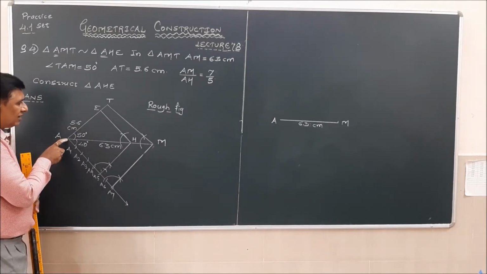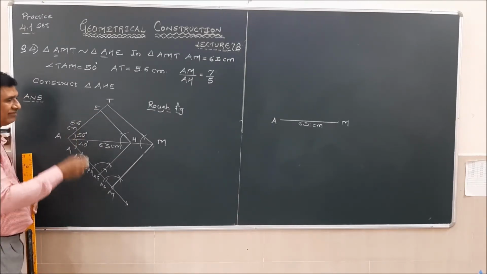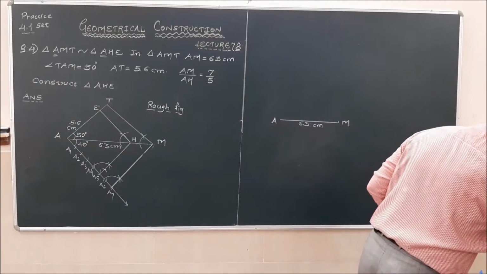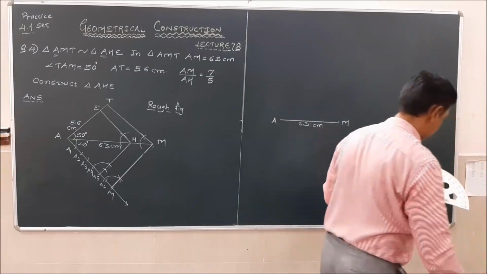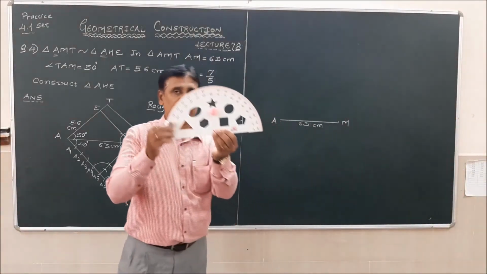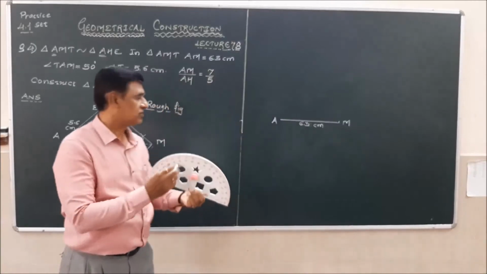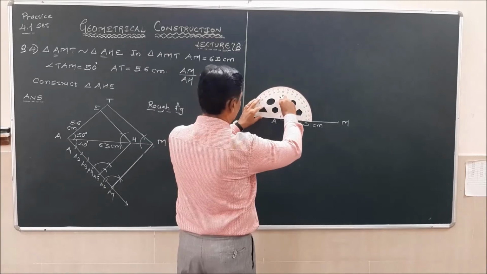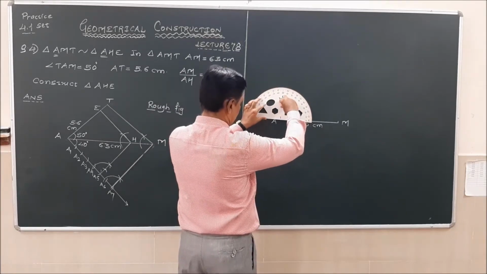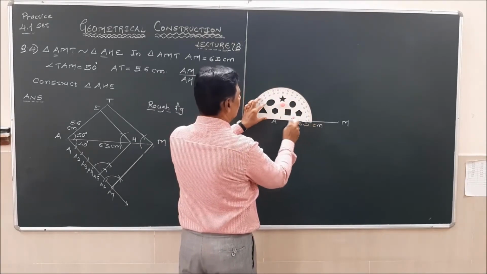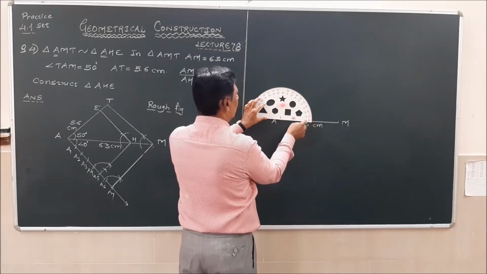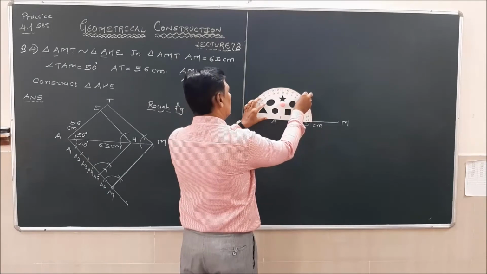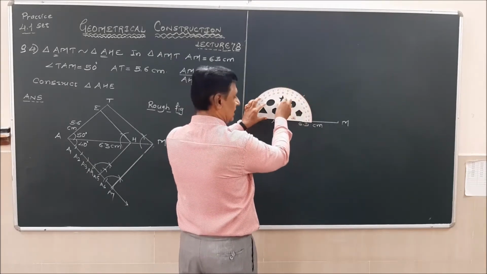From point A, we have to take an angle of 50 degrees. This is a protractor and this is the midpoint. The center point of the protractor we have to place on A. This line should match with 0 degree. From 0, the angle is 50 degrees, so I will point it here, 50.